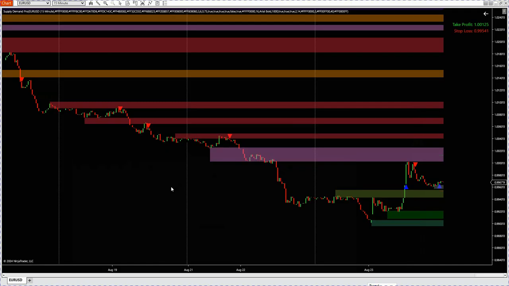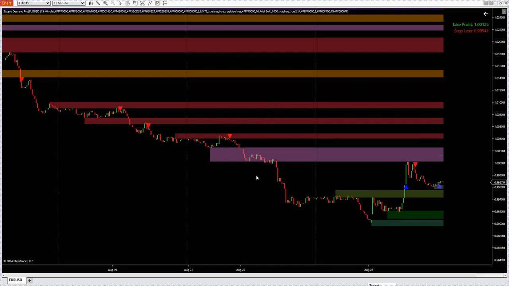So like I mentioned earlier, this is a very straightforward indicator that plots these supply and demand zones, resistance being the supply zones, support being the demand zones.